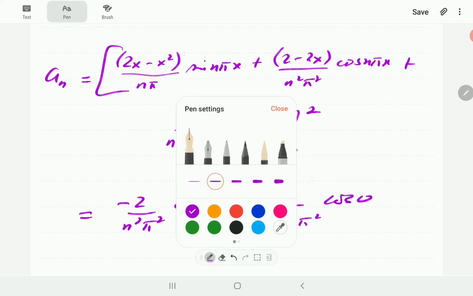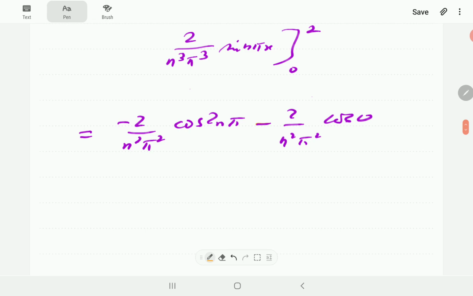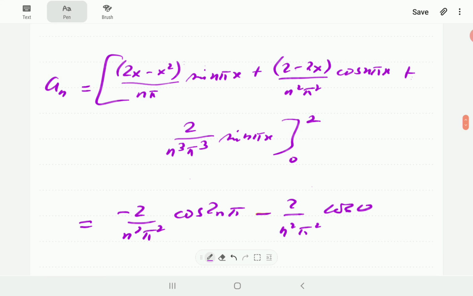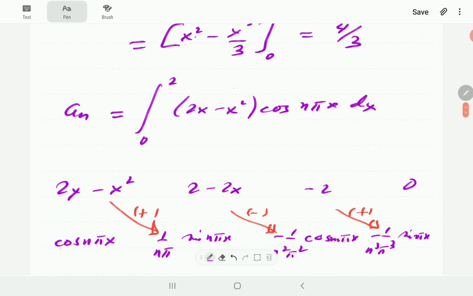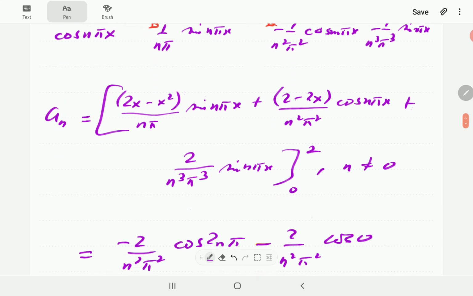Then when we plug in 0 here, that's going to be 0. So these are the only two terms that are going to survive, and these two terms add up to negative 4 over n squared pi squared, and so that is going to be our a n. n should not be equal to 0 here because we're dividing by n, and we've already sorted that one out because we've worked out a naught.